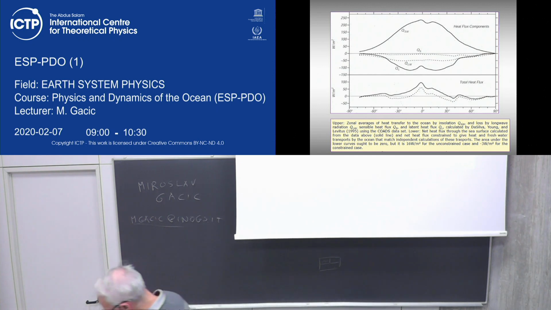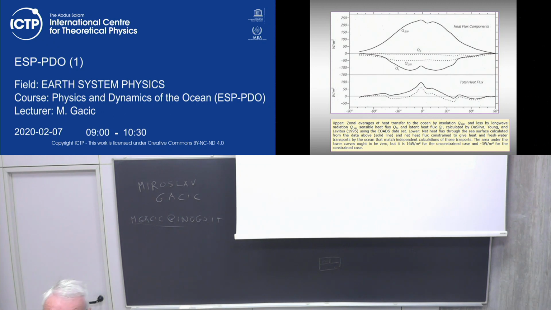Let's see, what is this? Yeah, this is what we know, that the main source of the heat in the ocean, or the Earth in general, is the sun. Obviously, the position of the sun is a function of the latitude.